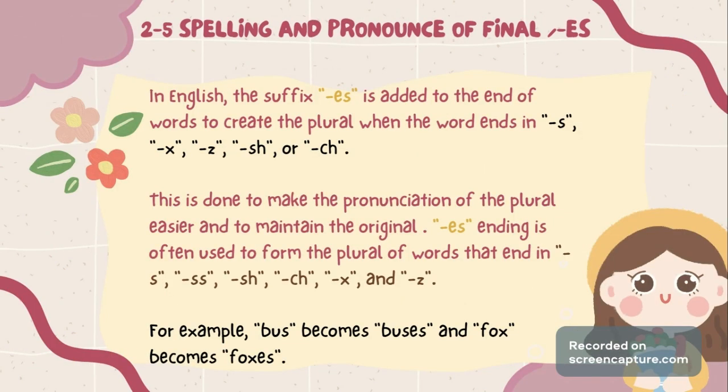Next, spelling and pronunciation of final es. In English, the suffix es is added to the end of a word to create the plural when the words end in s, x, z, ch, or sh, like Chanel, sh. This is done to make the pronunciation of the plural easier.